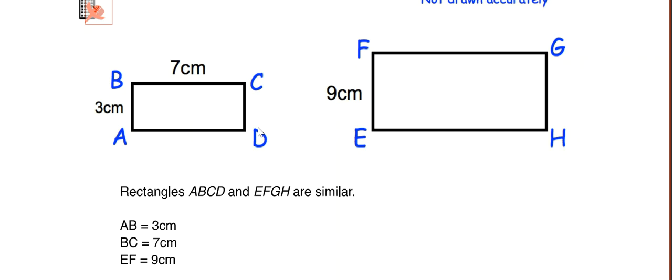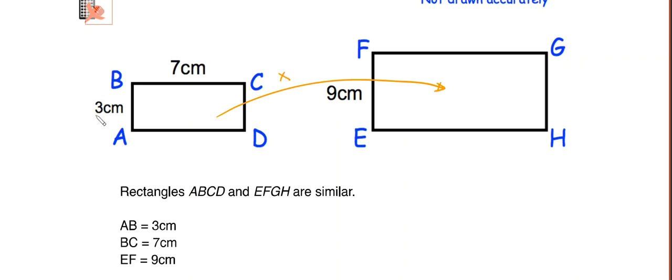Similar shapes. So what we have to do, well, we've got lots of ways we could do this. I think what most people did was they looked at the shape and thought, what is the factor of enlargement? What do we multiply by?